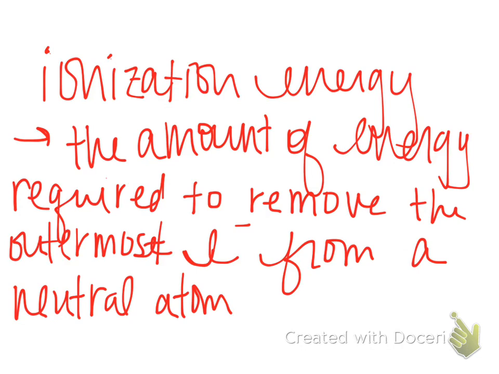Called what? The cation, right? They're positive. Positive. Electron. Yeah, that's the sign for electron. Okay? So when we remove an electron, it becomes more positively charged, called a cation. Okay? So that's why it's called the ionization energy. We're removing an electron, we're plucking an electron from the outermost shell or subshell, and we're making it a cation.